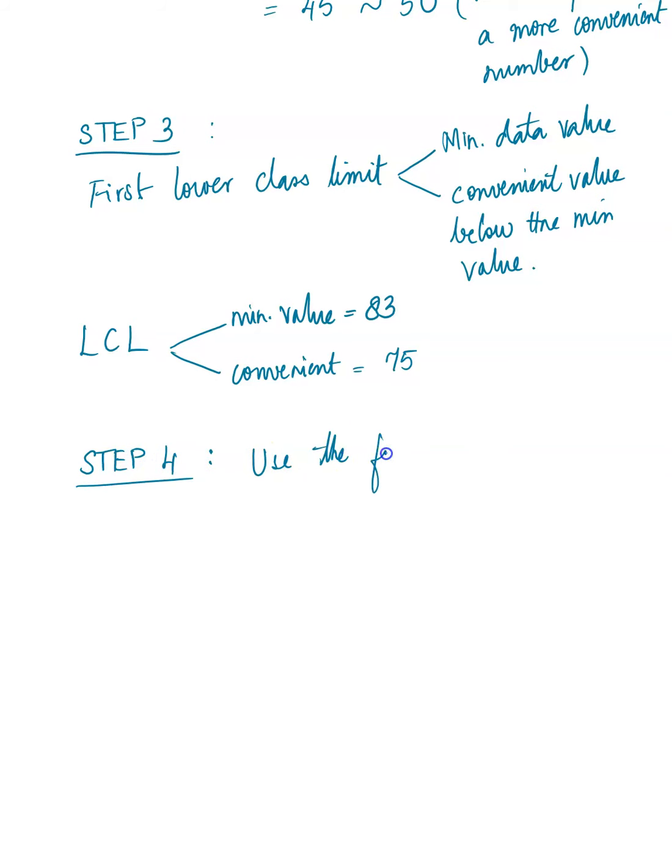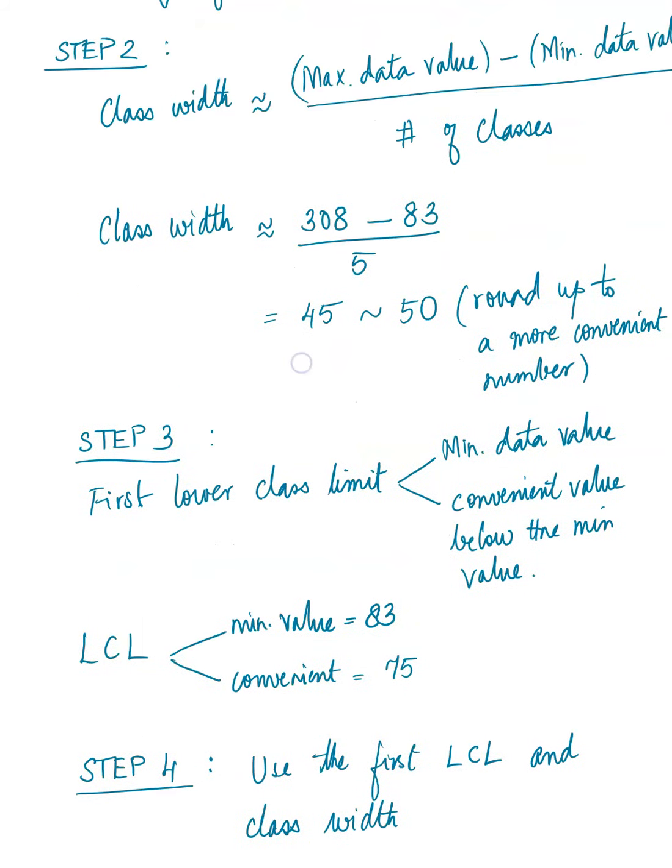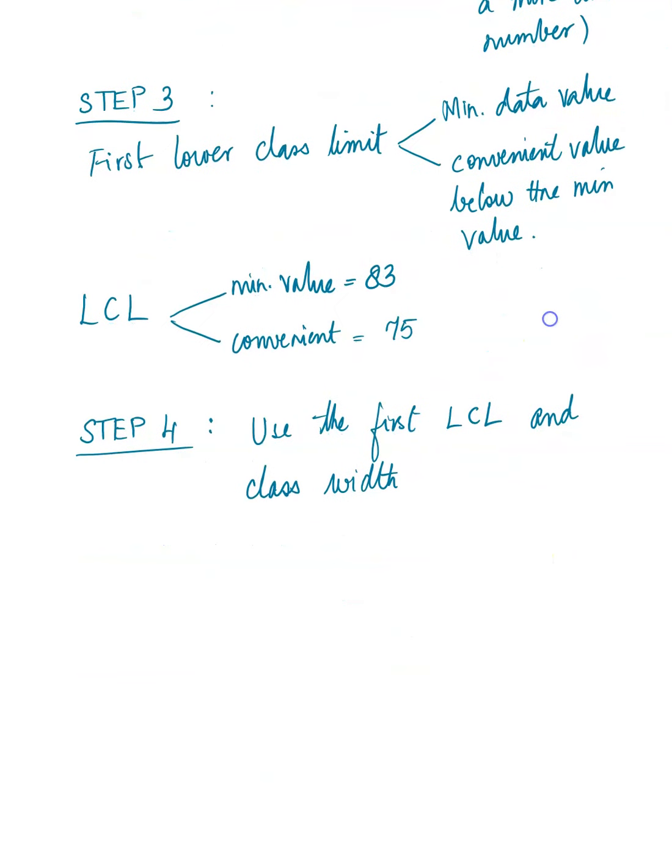Use the first lower class limit and class width. So basically using step 3 and step 2 here, right? Step 3 and step 2 to list the other lower class limits.